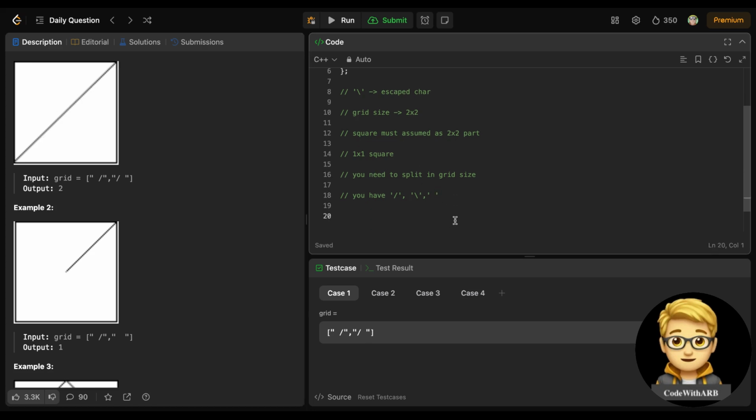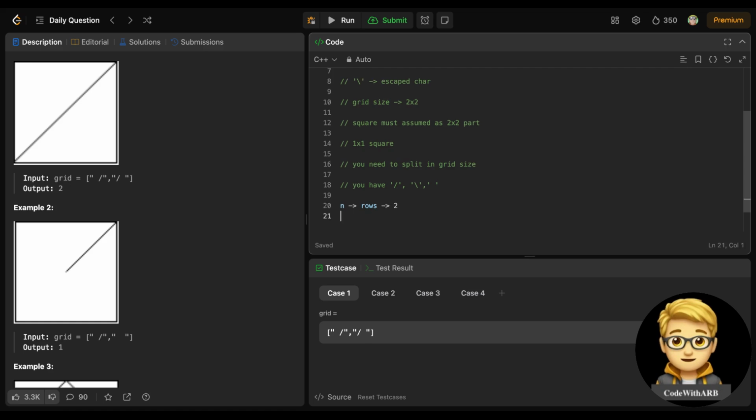So here the size of the grid, the rows n, is 2, and the columns m is 2. So the square is split into two rows and two columns. Basically it just splits into two rows and two columns.